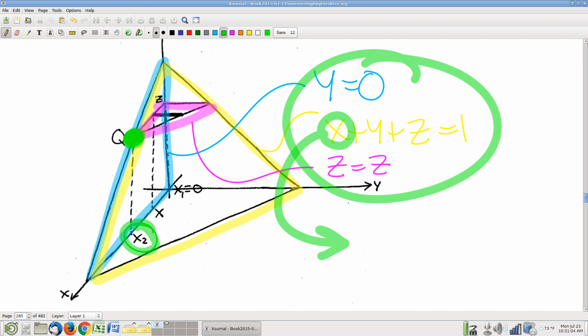The y is gone, but there's still that z there. x is 1 minus z. Everybody good? Questions? Everybody see the process? Everybody see how there's this geometric point of view on the process that gives rise to algebra that gives you the answer? Okay.